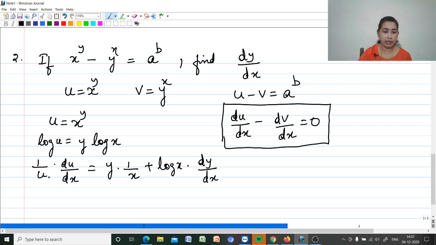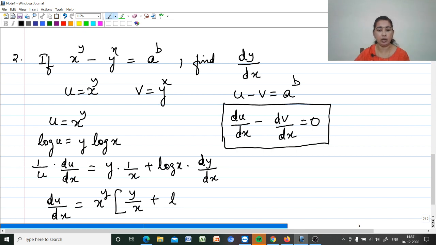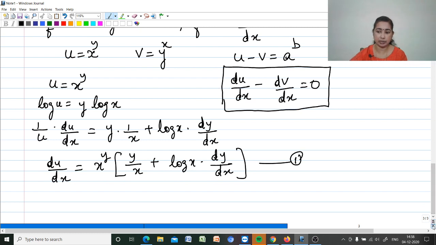So, from here we can find what is du by dx. Du by dx equal to u into, u means it is x raised to y into y by x plus log x into dy by dx. Let this be equation number 1. Now, take v is equal to y raised to x.